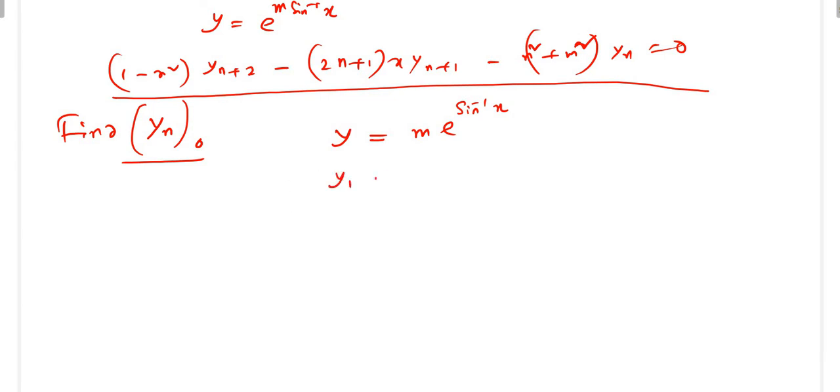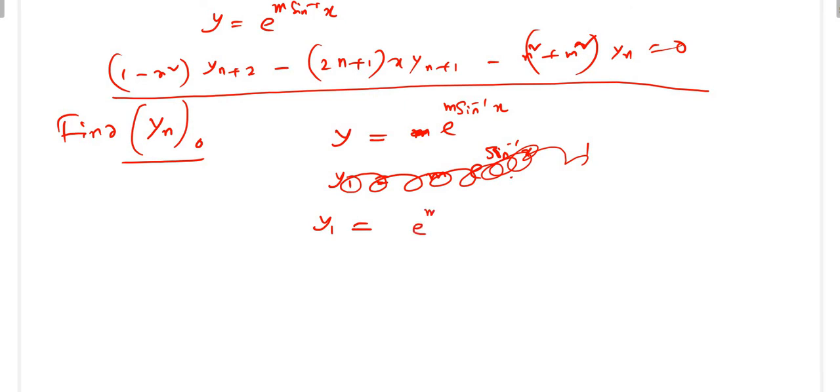Now y1 equal to e to the power m sin inverse x into m by root over 1 minus x square.